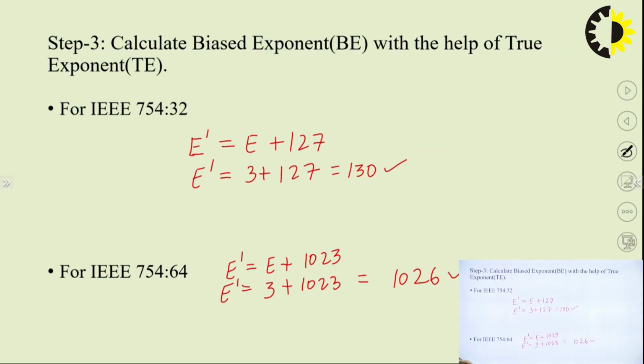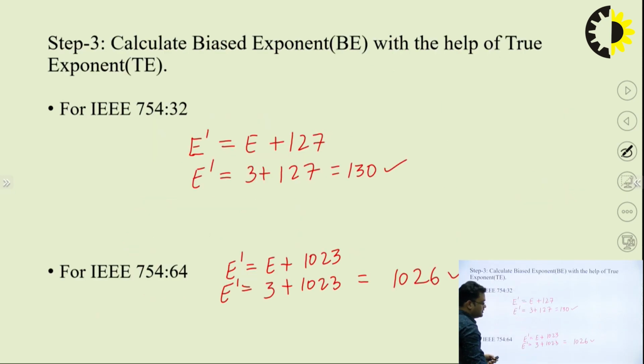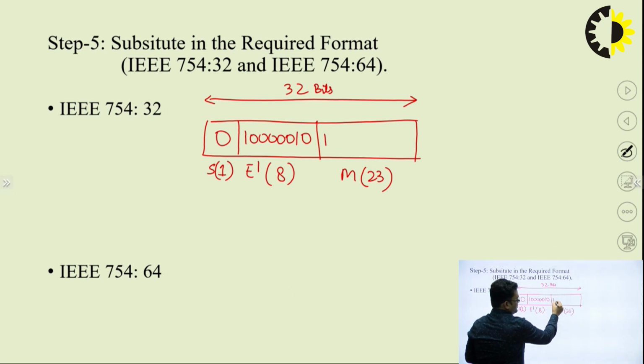So our mantissa is basically this after the point, because there is no need to store the point, there is no need to store this leading 1, else it will take an extra step, or the point we cannot store, as I have said earlier. So 1 1 0 0 1 0 0.